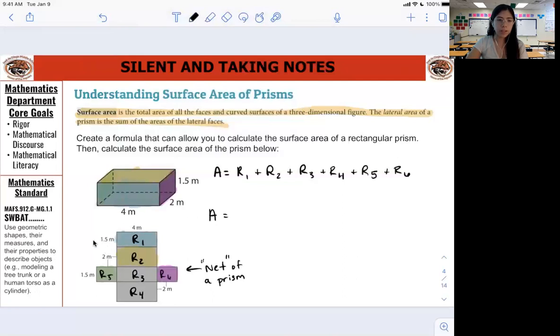So 4 times 1.5. How about R2? What's the area for R2?